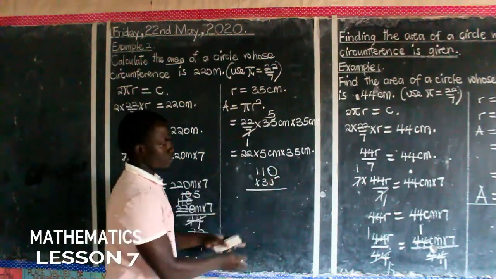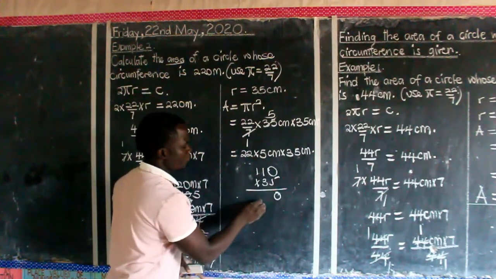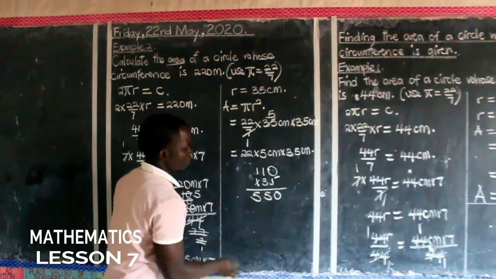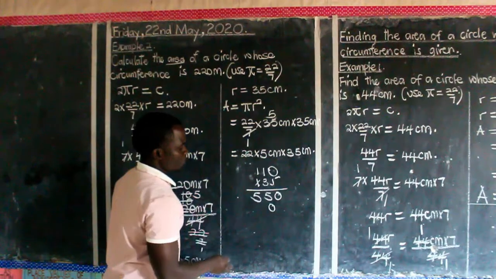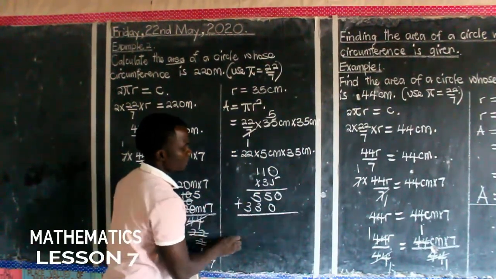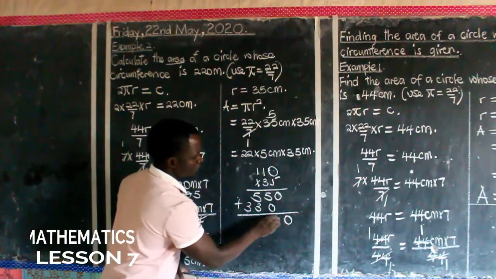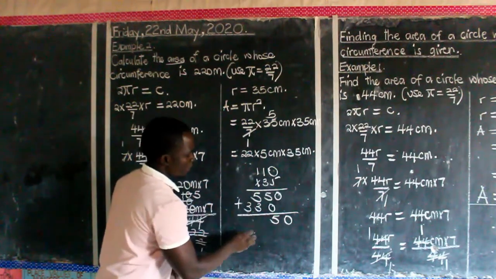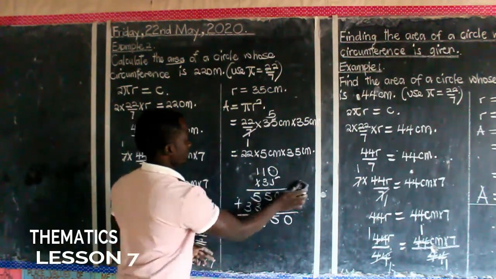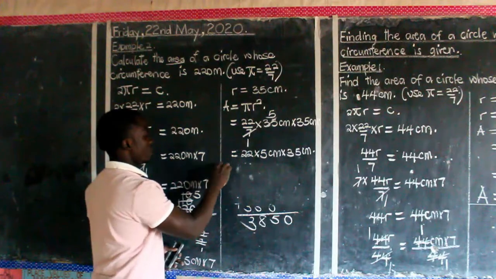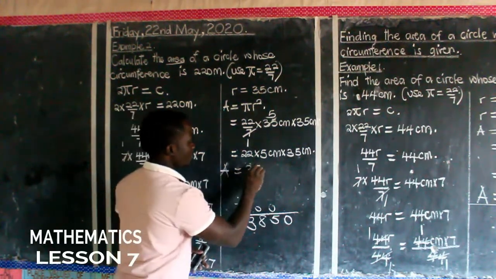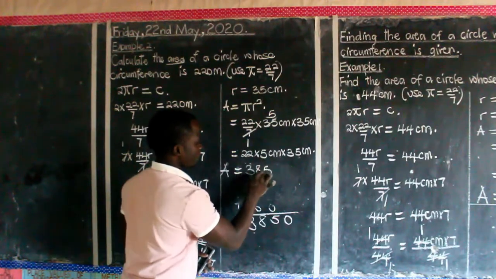5 times 0, 0. 5 times 1, 5. 3 times 0, 3 times 1, we get 3. Then we shall add. What do you get here? 0. This is 5. 5 plus 3, that is 8. Then this is 3. So the area of our circle equals 3,850.